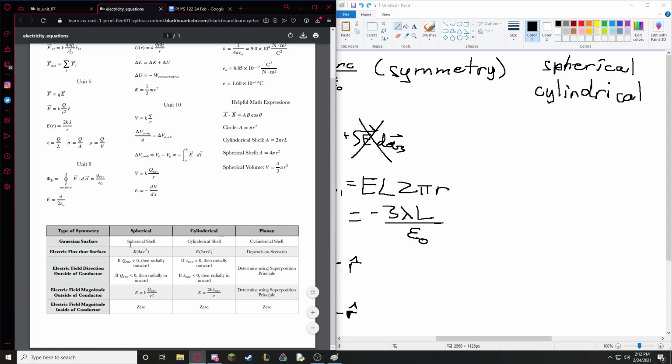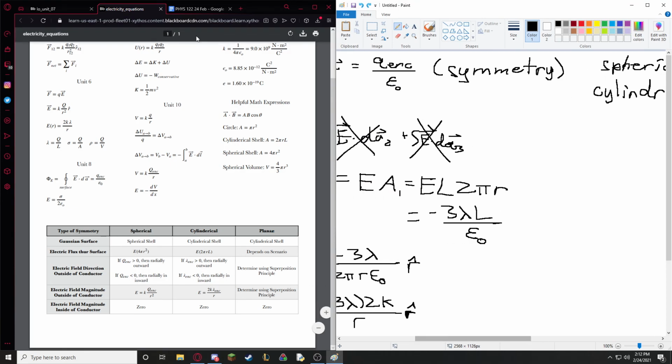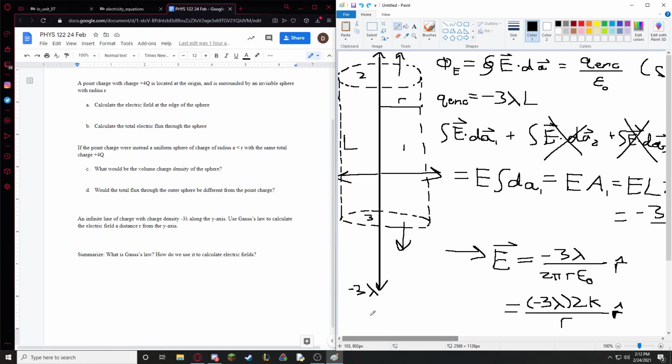We can calculate our electric fields by using Gauss's law. We can find our enclosed charge, so multiply whatever our charge density is by the total length or volume or area enclosed.